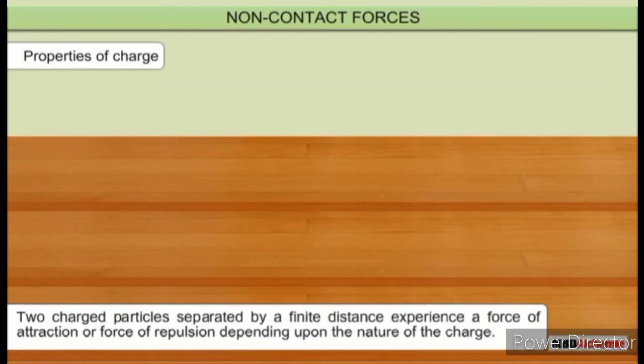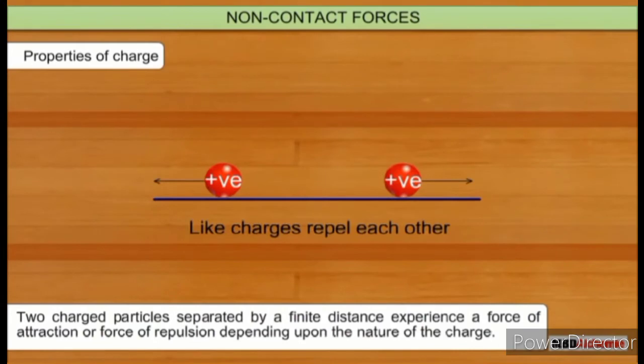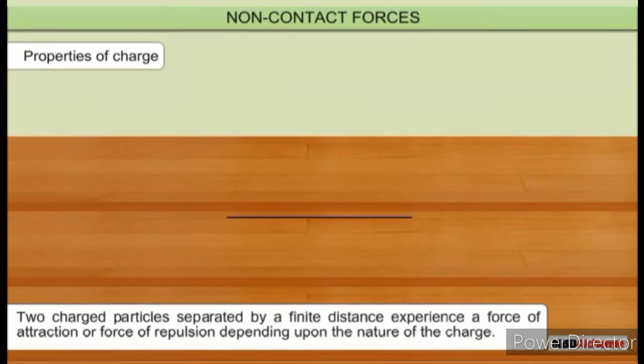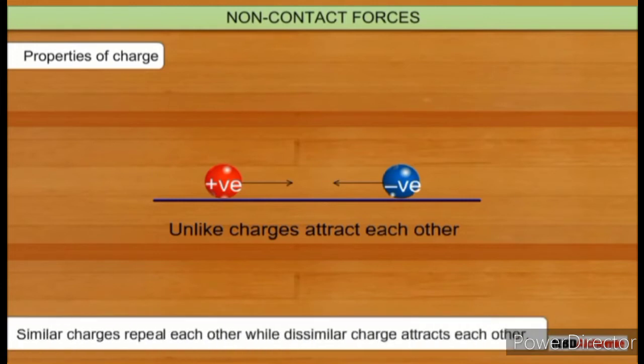Properties of charge. Two charged particles separated by a finite distance experience a force of attraction or force of repulsion, depending upon the nature of the charge. Similar charges repel each other, while dissimilar charges attract each other.